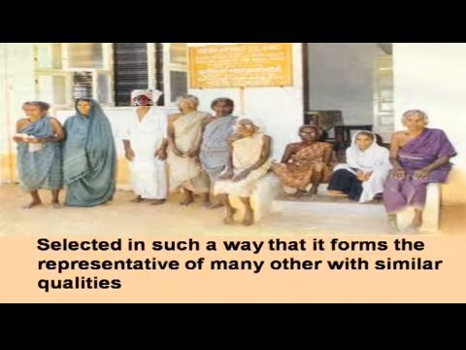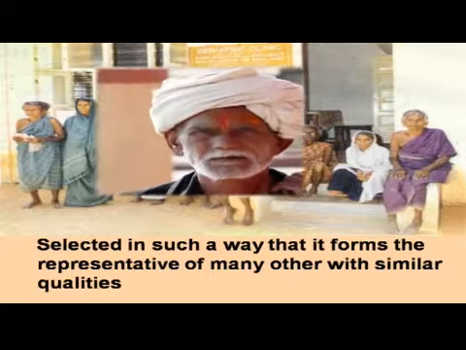When we select the cases, we have to be very careful. We have to select the case, an old man with a specific problem, very carefully, so that he represents the whole population of older people, and then make a case study. Under this case study, we bring out all the problems of the elderly man in all their dimensions.